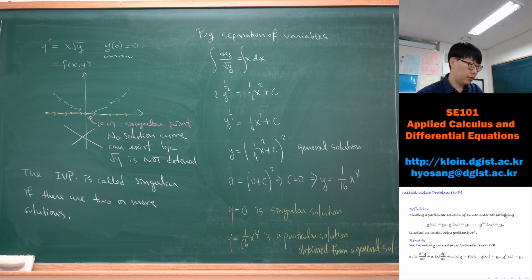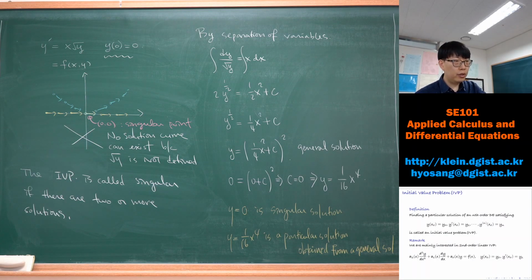So here's a definition first. Finding a particular solution of an nth order differential equation satisfying n equations. One is y of x0 equals y0, where x0 and y0 are just constants. The second equation is y prime of x0 equals y1, where y0 and y1 are different values.